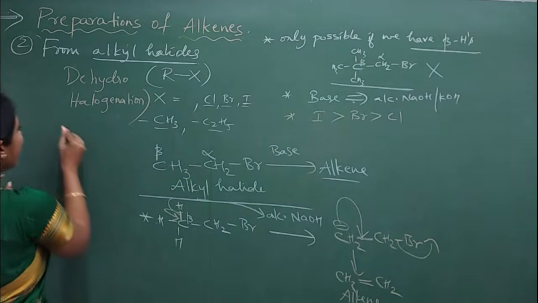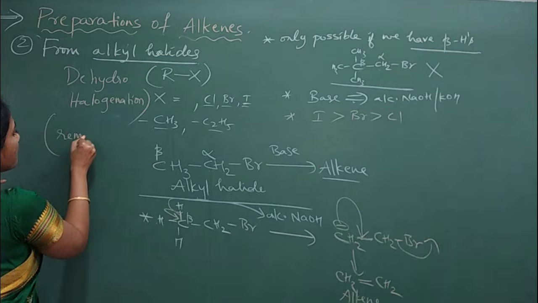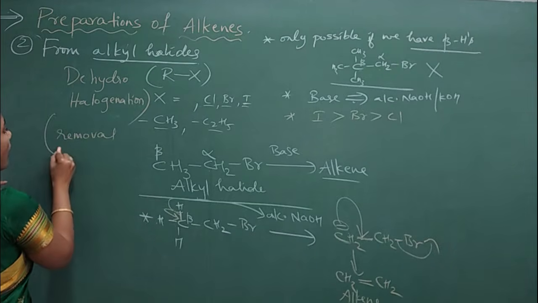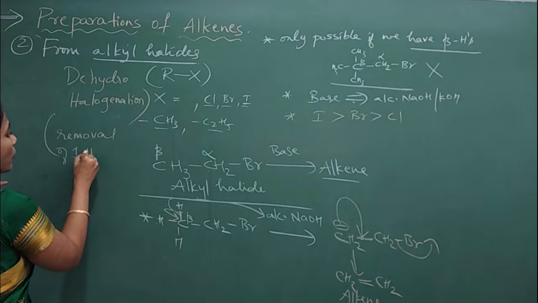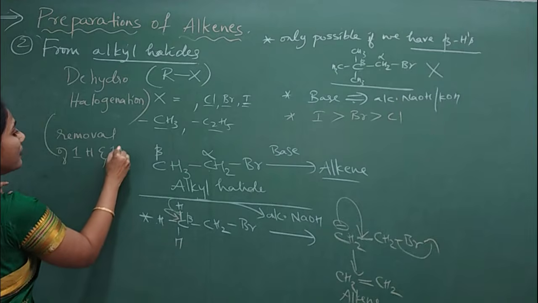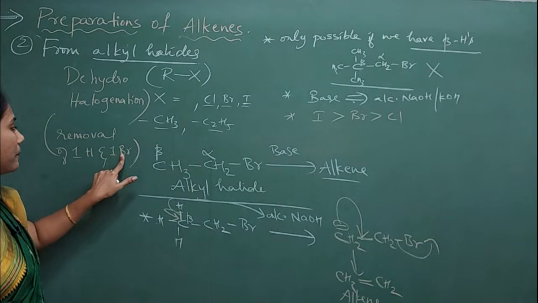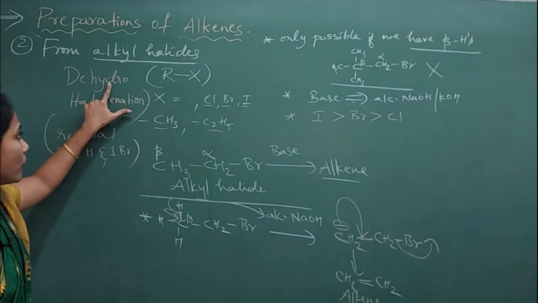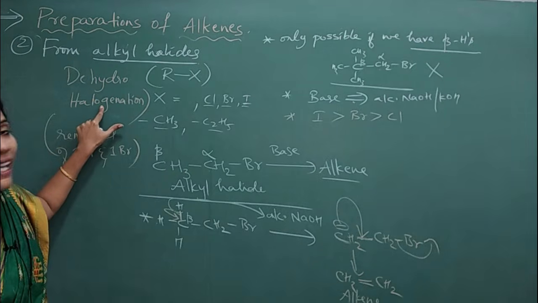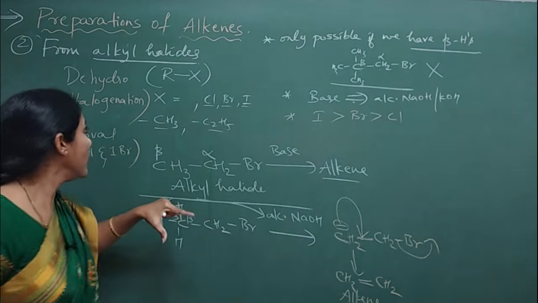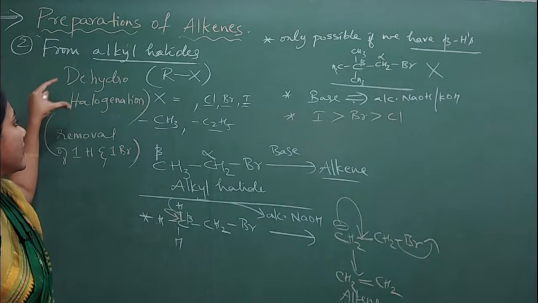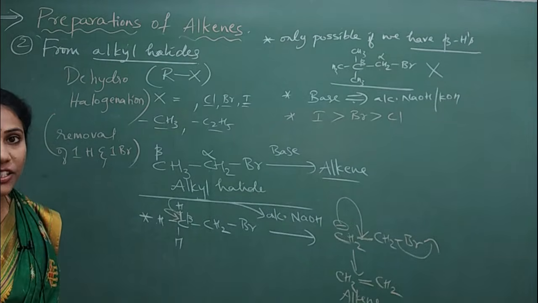Because, you can observe, we are removing one hydrogen atom and one Br atom, that is a halogen atom. D means what? Removal. So that is the reason we call this dehydrohalogenation.